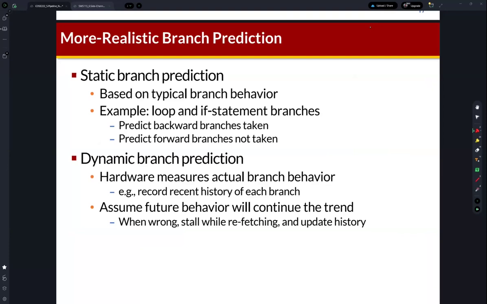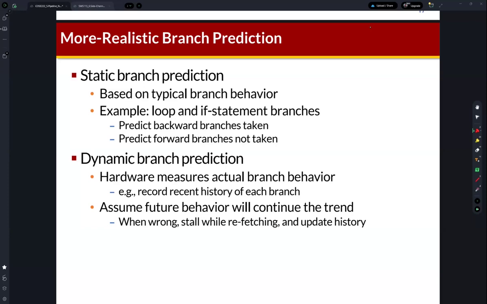Dynamic branch prediction means that a CPU or a processor can check the history of true and false results of branch instructions, and based on this history, the future result of branch instructions can be predicted.